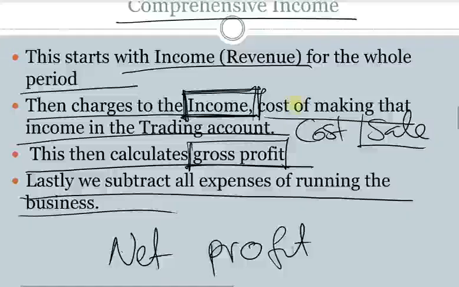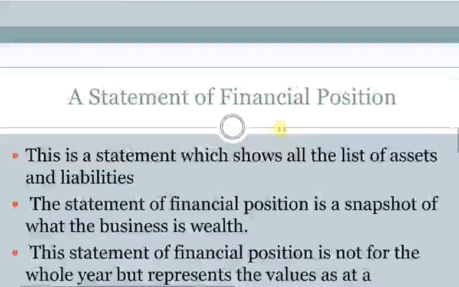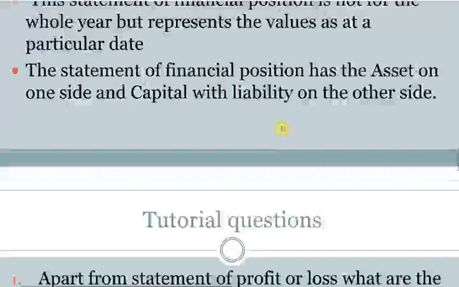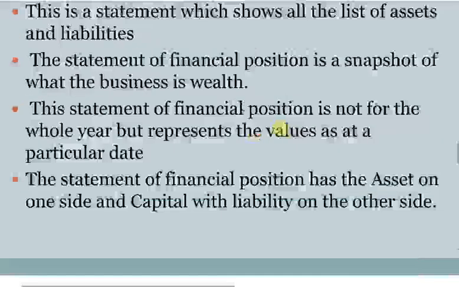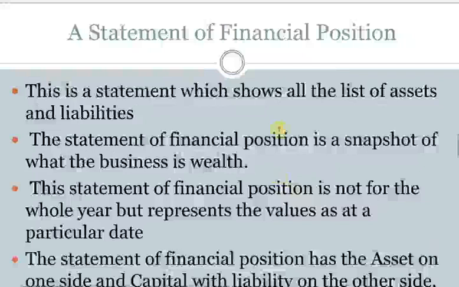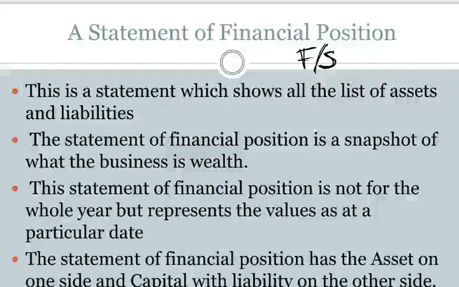So let us continue and see a statement of financial position. This is the other statement that a sole trader needs to prepare. In this statement, we're saying that it shows a list of all assets, liabilities, and equity.